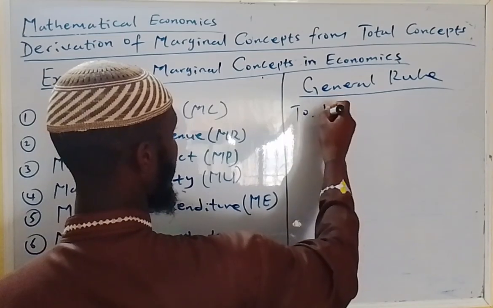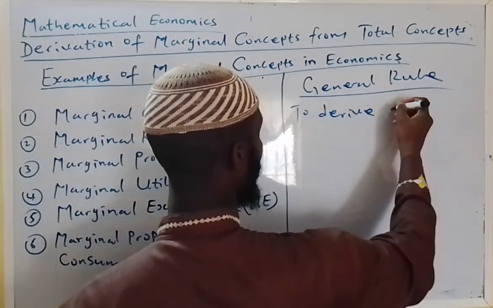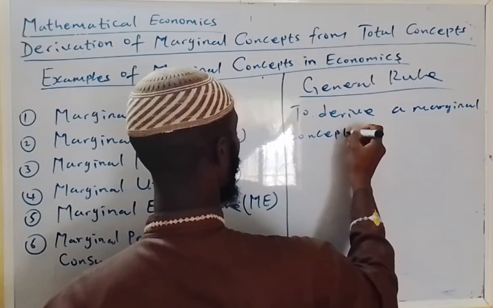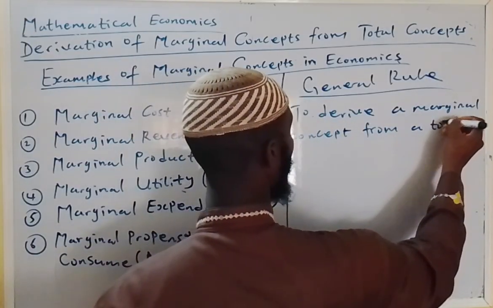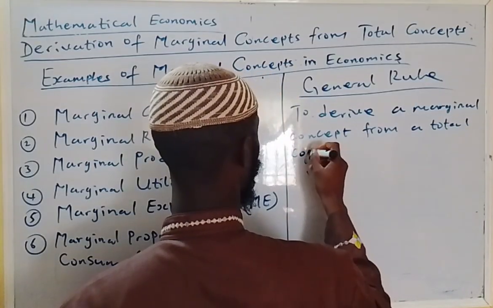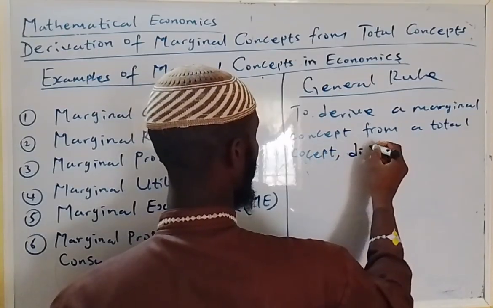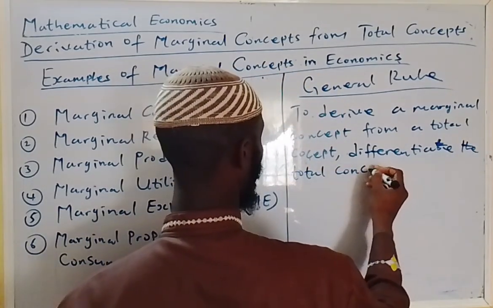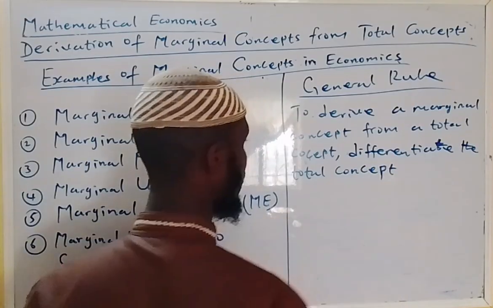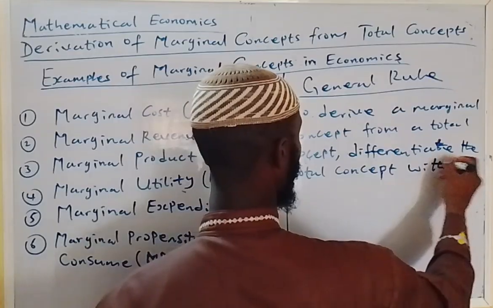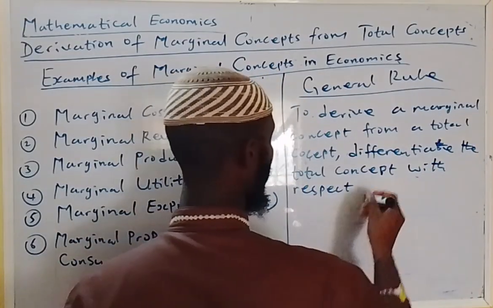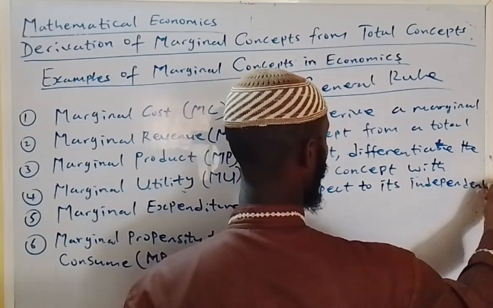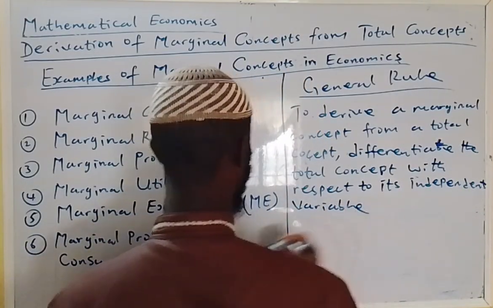That is, to derive a marginal concept from a total concept, differentiate the total concept with respect to its independent variable. That is the general rule.